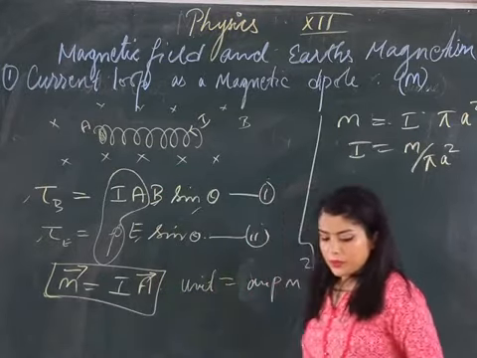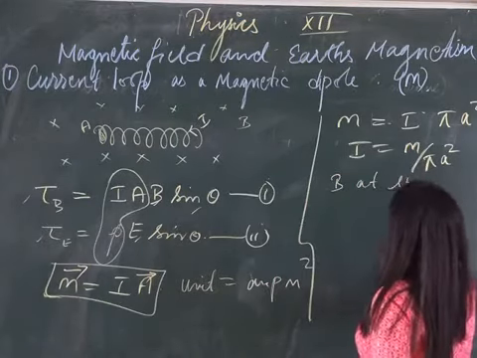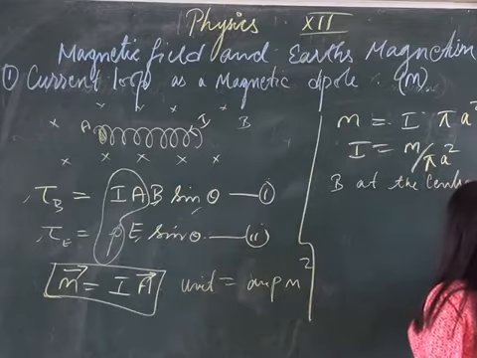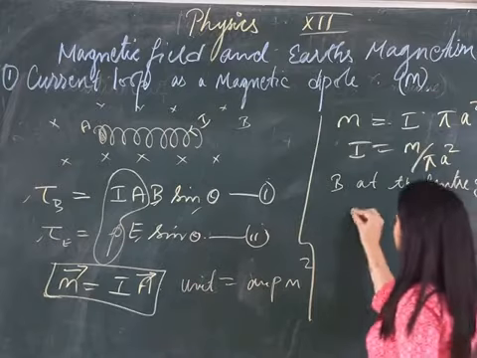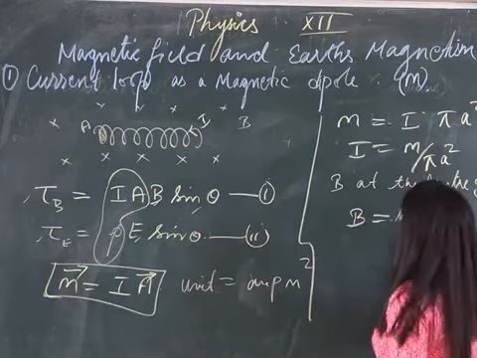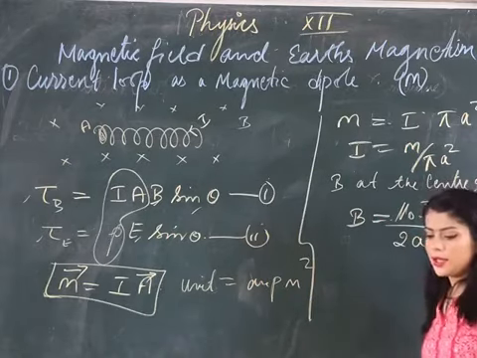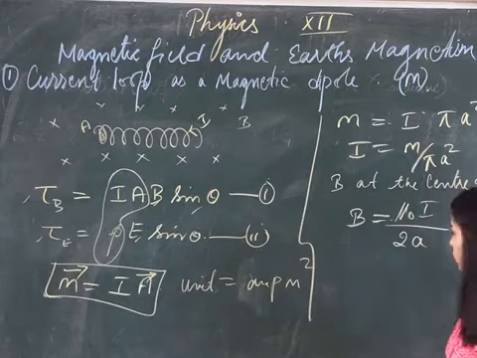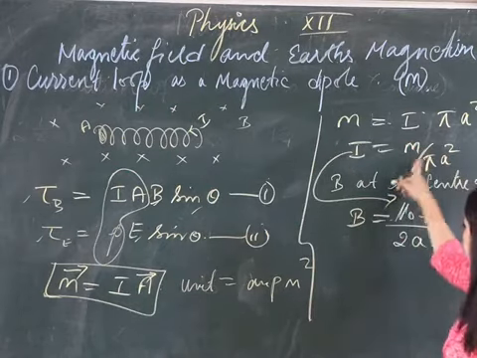Now, magnetic field at the center of a loop. We have derived this equation, that is mu naught I divided by twice a. This is the equation for magnetic field at the center of a loop. Now in place of I, we are substituting from this equation.